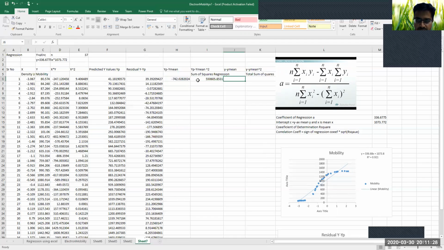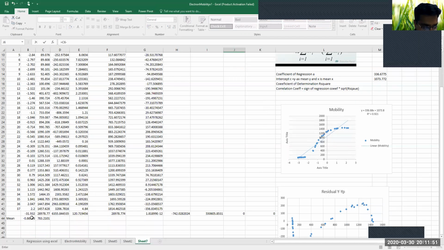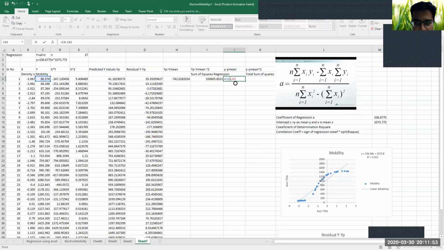Similarly, y minus y mean, meaning original y. So this is equal to y minus y mean. Y mean you can get from here, put it again with dollar, and take the square of this.